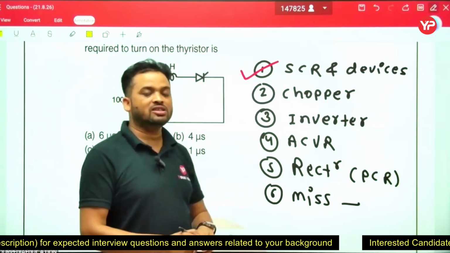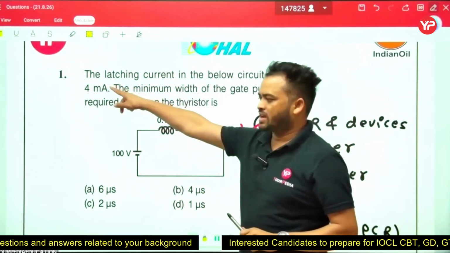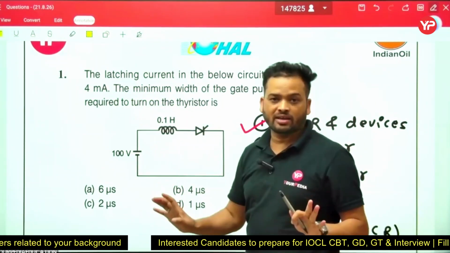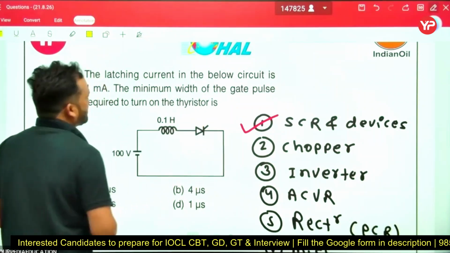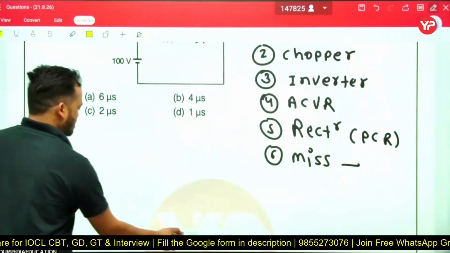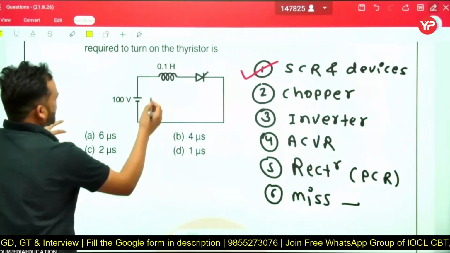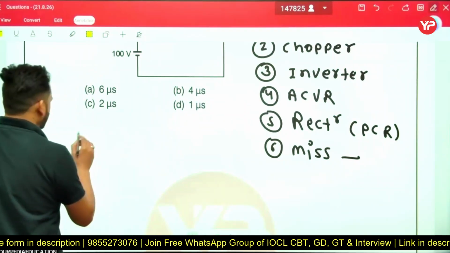This current you equate to the latching current given in the question, and find the time. This time is the pulse width required to turn on the SCR. See the process.